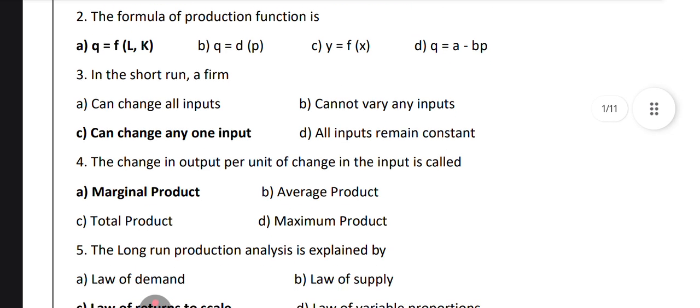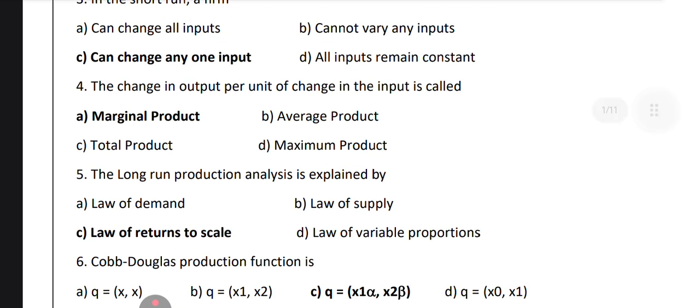In the third question, in the short run, a firm can change only one input, because time and resources are limited to the producer. So the producer only changes one input, labor or capital, whichever it may be.